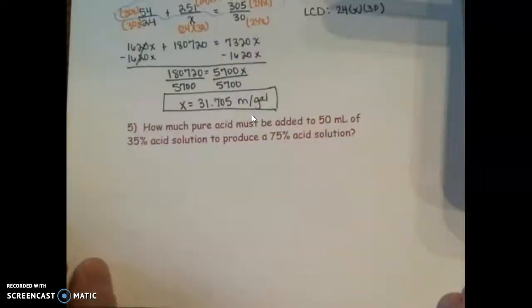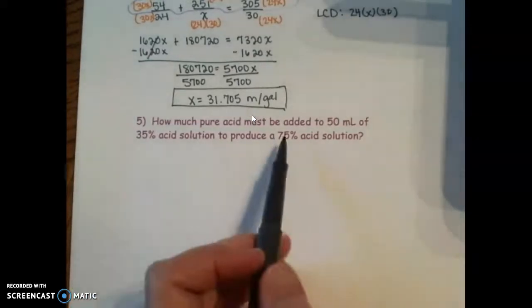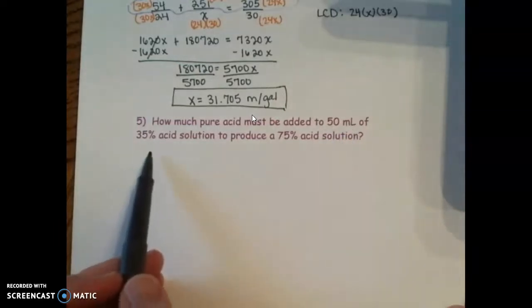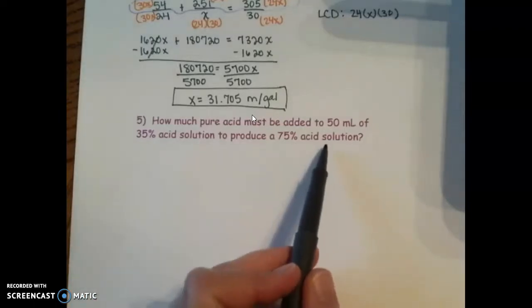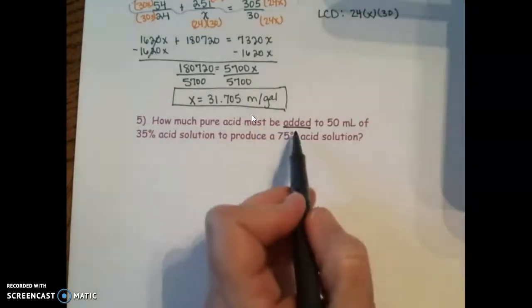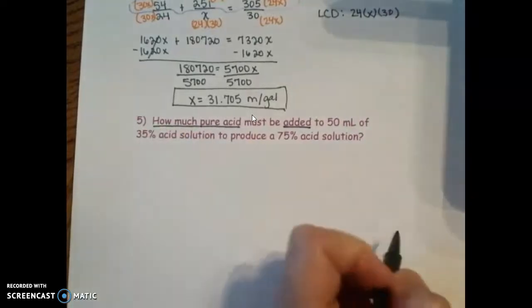Okay, so our last example, a little bit different. It says, how much pure acid must be added to 50 milliliters of 35% acid solution to produce a 75% acid solution? So we're going to add, we know that, and how much pure acid, there's our question.